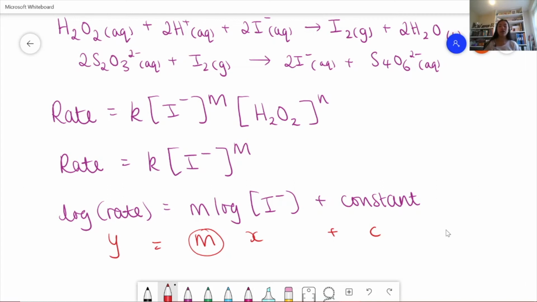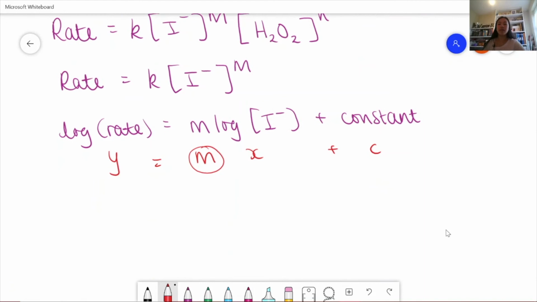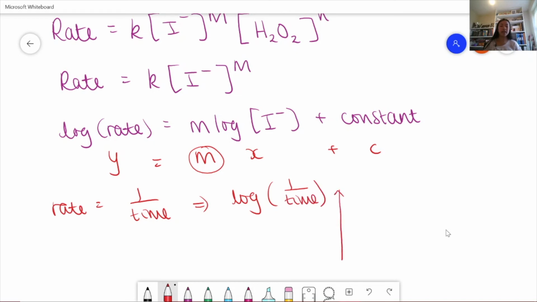And the way we plot log of the rate is if we do log of 1 over the time, because rate is proportional to 1 over time. So we plot log of 1 over time as the y-axis, and on the x-axis, the total volume of the solution in each experiment is constant.